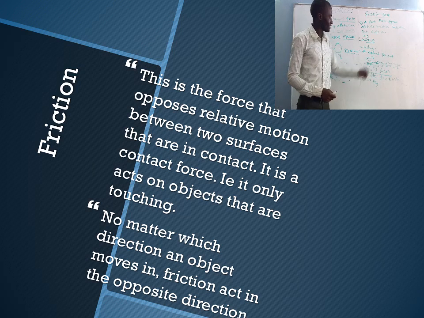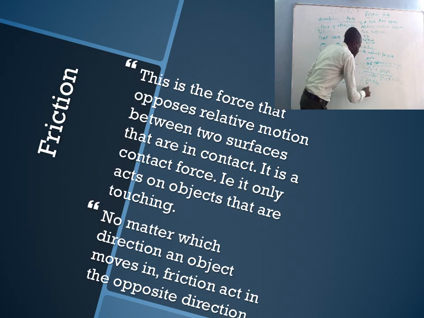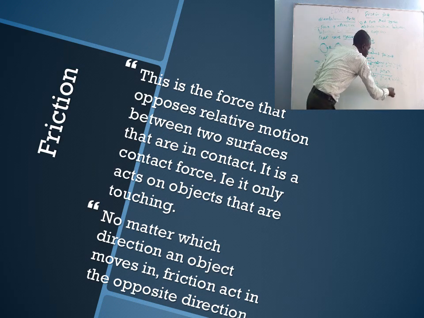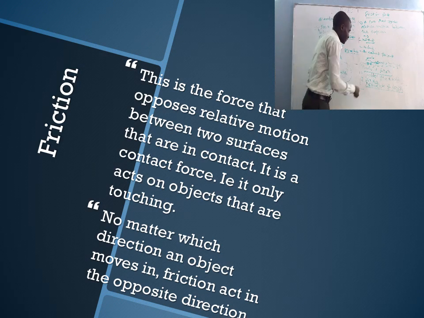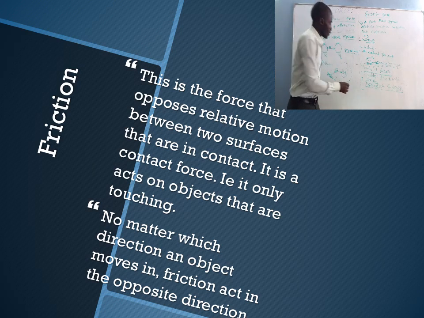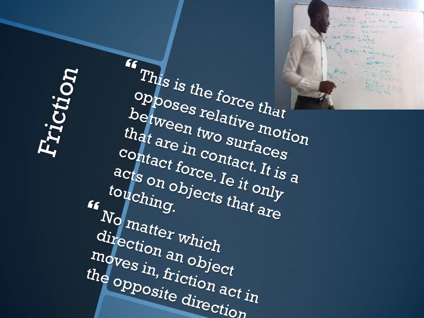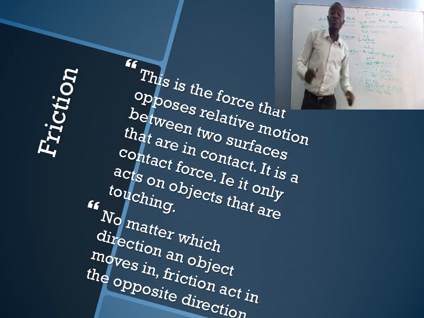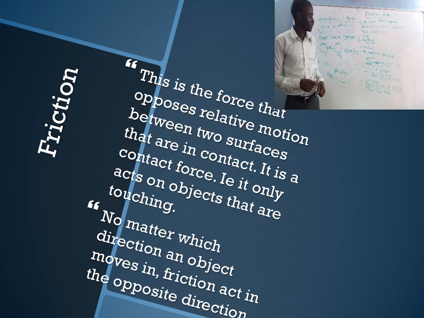But apart from its advantages, it has got some disadvantages. So, demerits of friction. The most important disadvantage of friction is that it causes wear and tear of the moving parts that are involved during frictional force.